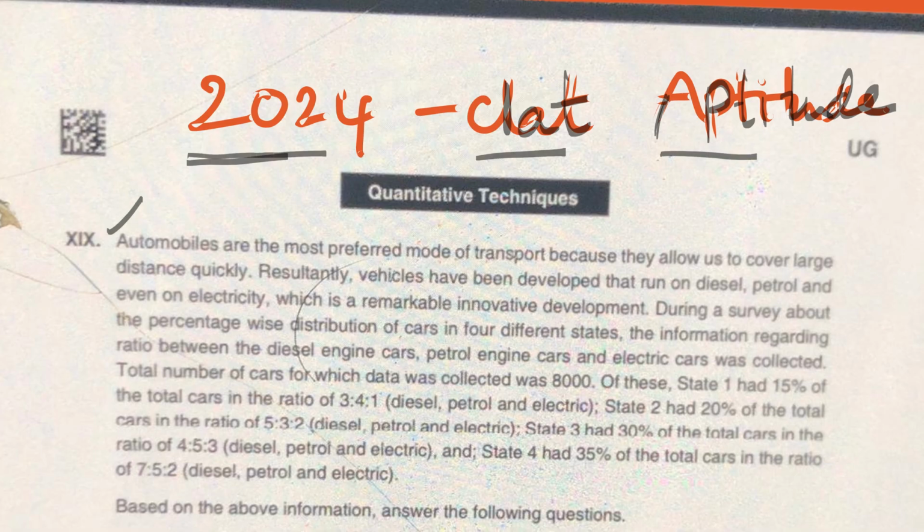Automobiles are the most preferred mode of transport because they allow us to cover large distances quickly.